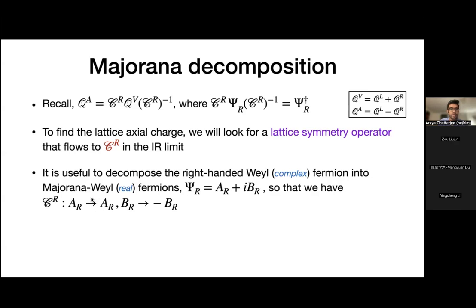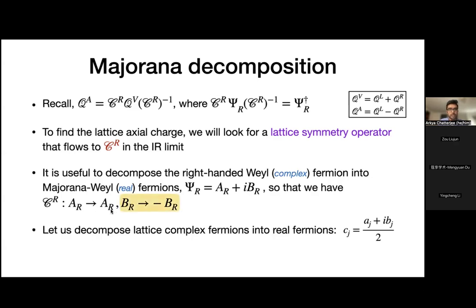It doesn't do anything to A, but it flips the sign of B. That's simply because the i gets conjugated when you act with CR. So we'll try to remember this going forward because it is going to be useful.